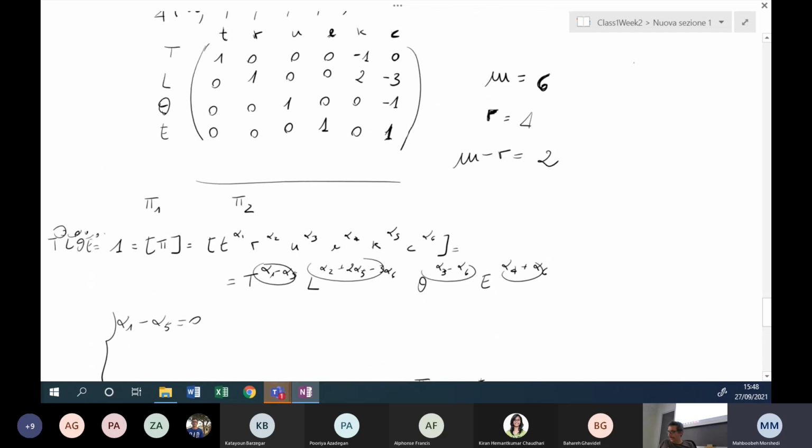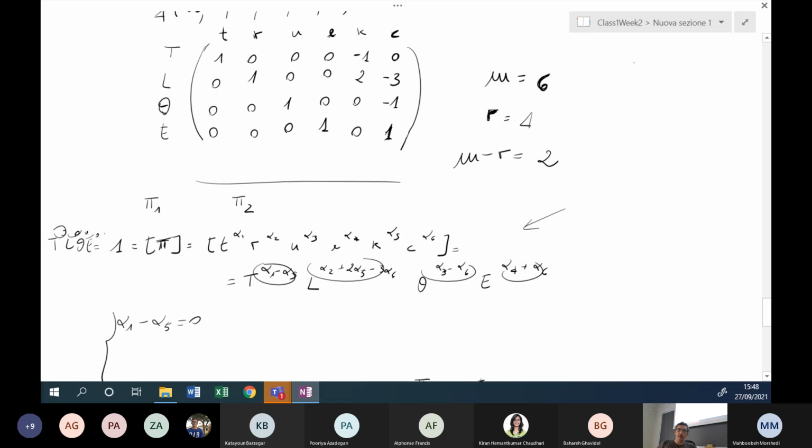Here. Yes. Okay, when I'm here, what I want to do is to find the powers alpha 1, alpha 2, alpha 3, alpha 4, alpha 5, and alpha 6, which allow me to write pi, a dimensionless variable which depends on the dimensionful quantities that I assigned at the beginning of the problem.